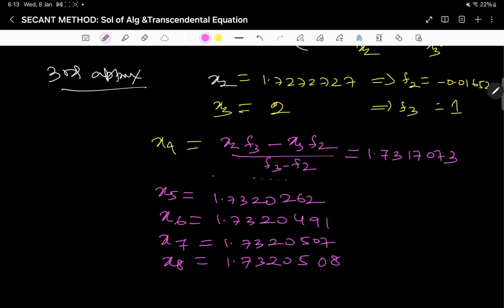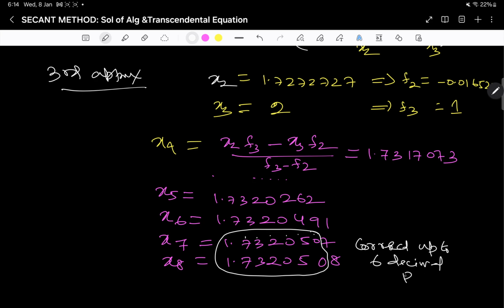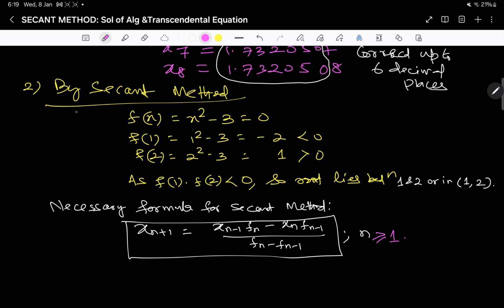You see here the accuracy up to 1 2 3 4 5 6, so it is correct up to 6 decimal places. So now we solve by the second method.